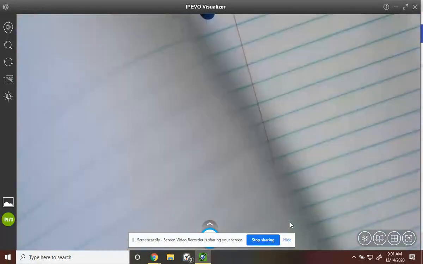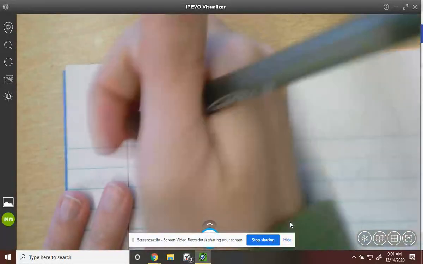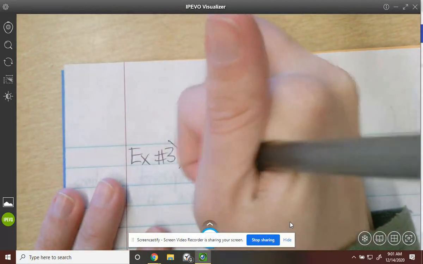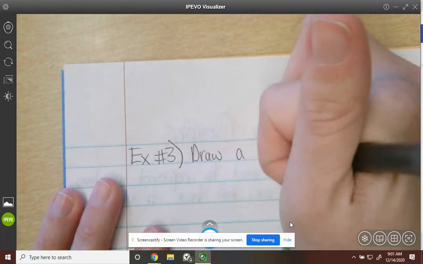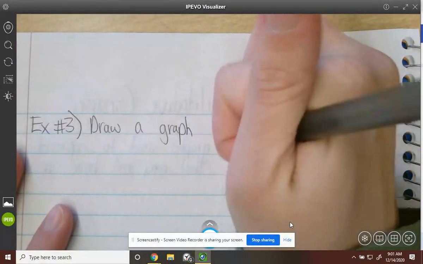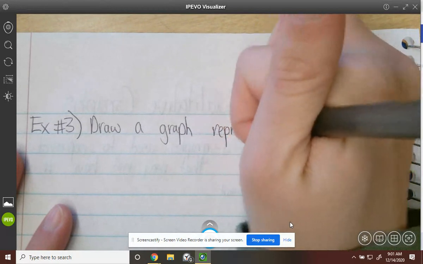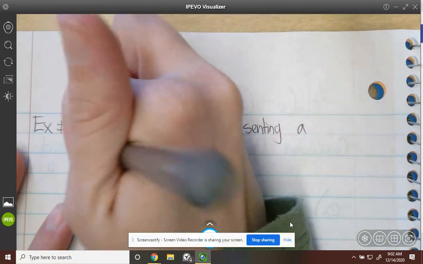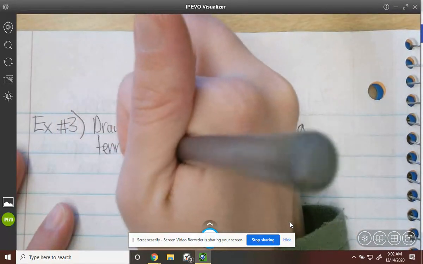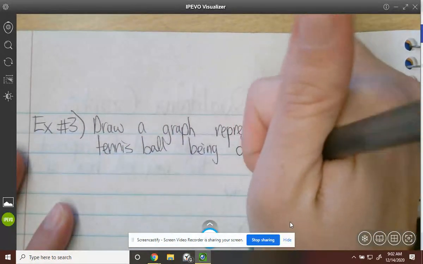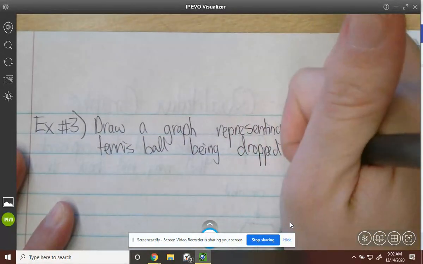Okay, now we're going to flip-flop it. Sample number 3. Draw a graph representing a tennis ball being dropped on the floor.